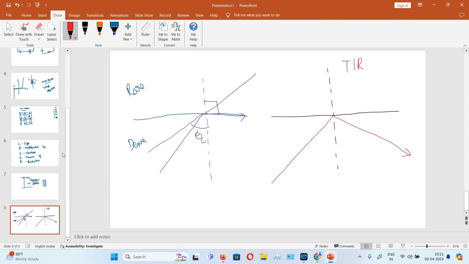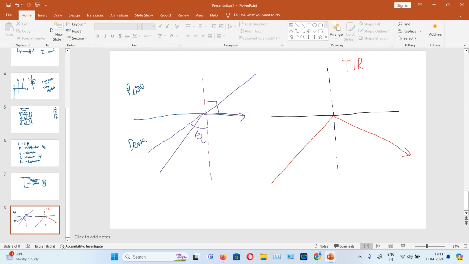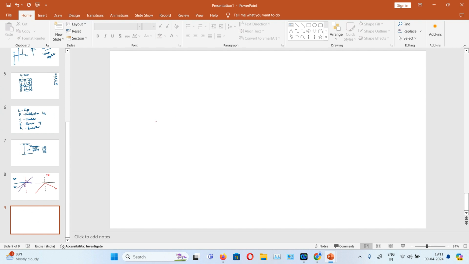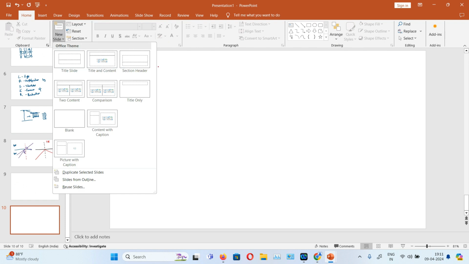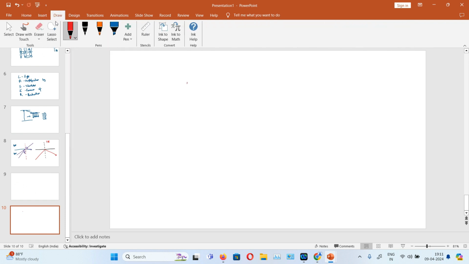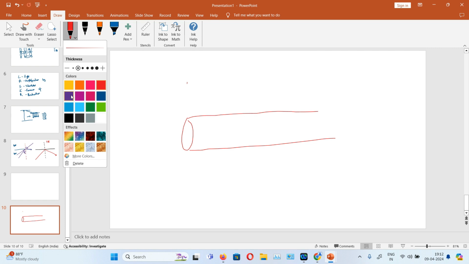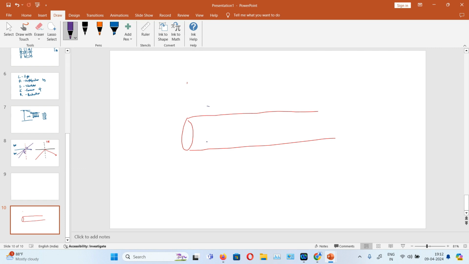Then how can it be useful in the case of an optical fiber? In an optical fiber, there will be a core which is made up of glass or quartz, acting as a dense medium, and the core will be surrounded with a clad, which is a comparatively rarer medium.